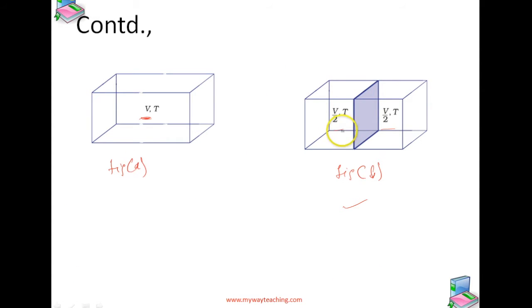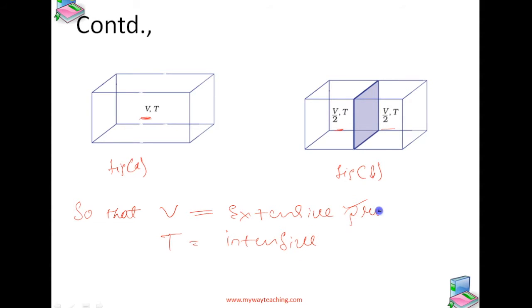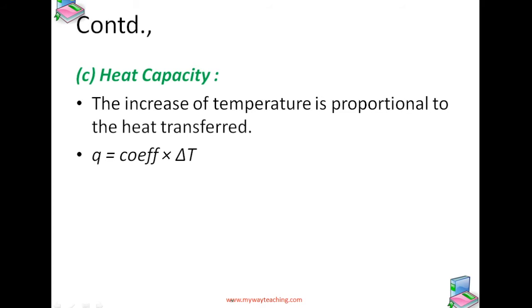Here the volume is partitioned into V by 2, it is halved, so volume is called an extensive property, and temperature remains the same, so it is called an intensive property.